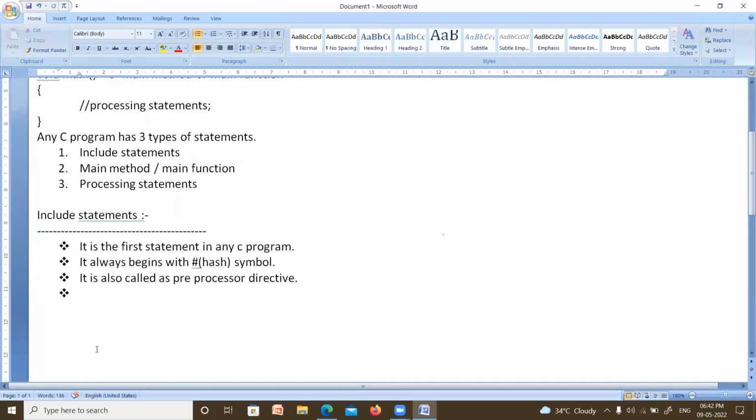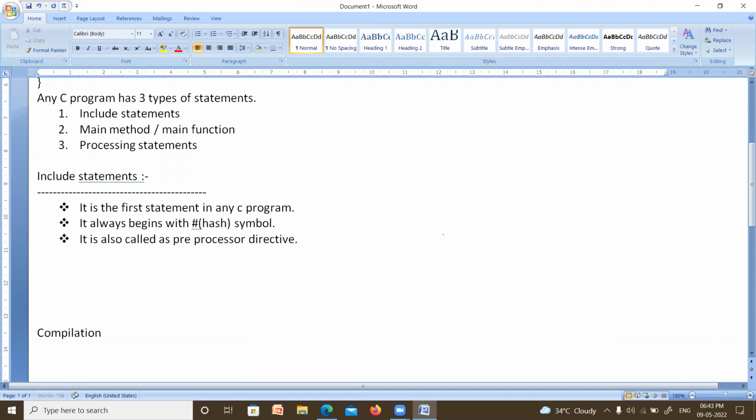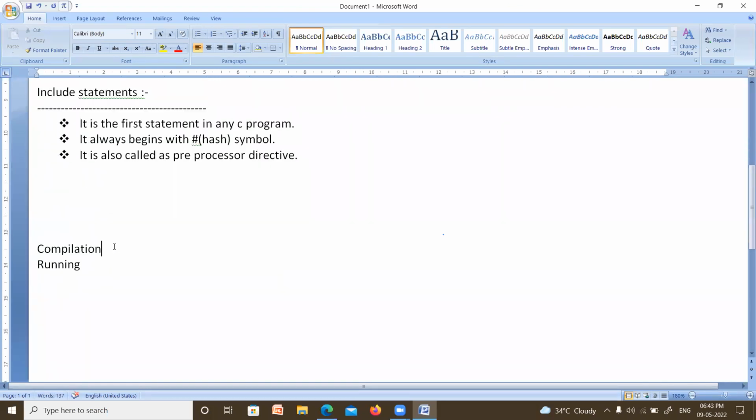There are two steps in program running. First one is compilation. Second one is running. What is the meaning of compilation? You write the program in English, but the computer cannot understand English. It can understand zeros and ones, machine language.